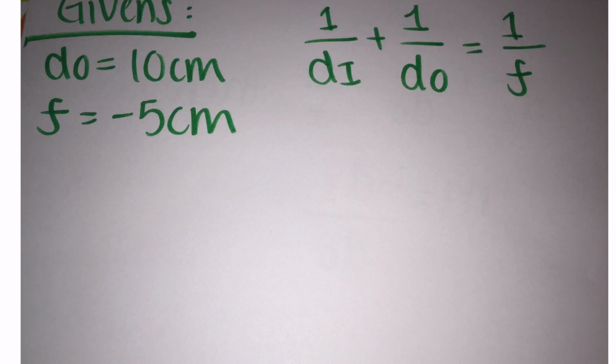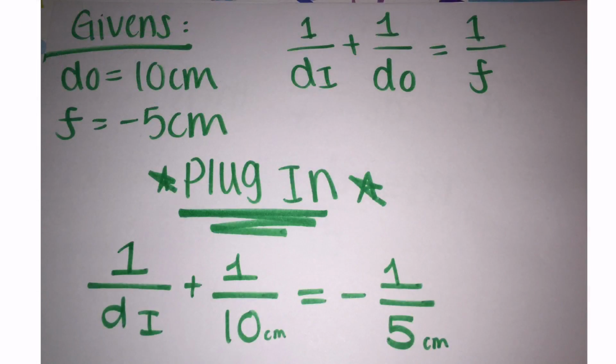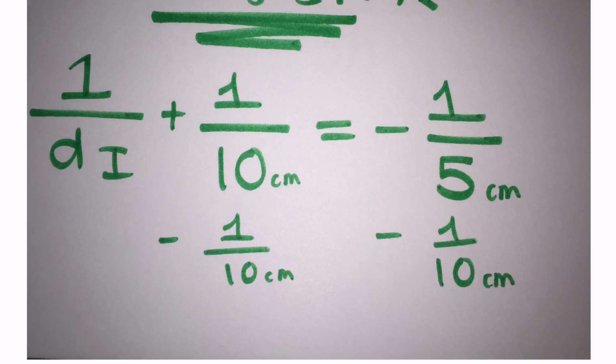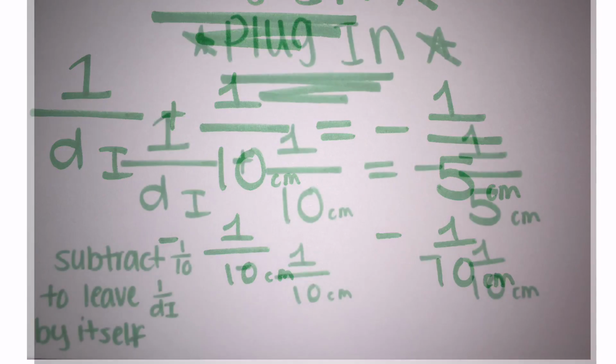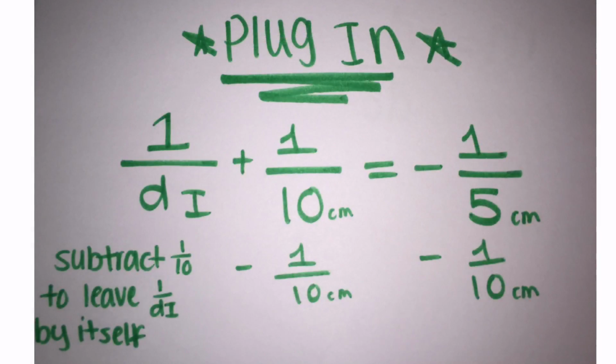The givens for the first equation are dO equals 10 centimeters, F equals negative 5 centimeters. Plug it in and you will be left with this. You will then subtract 1 over 10 centimeters so you can leave 1 over dI by itself.